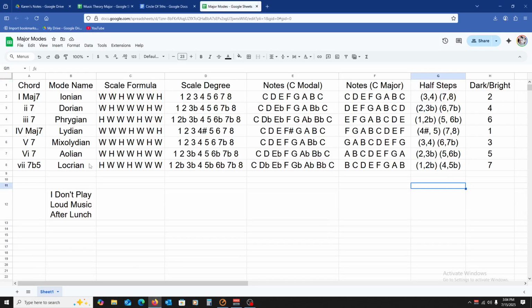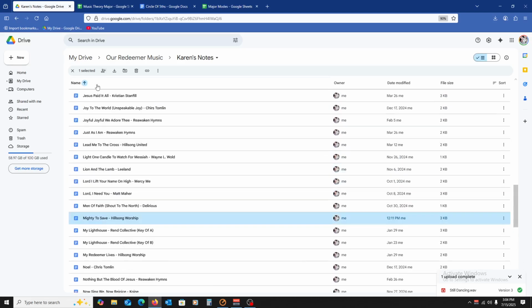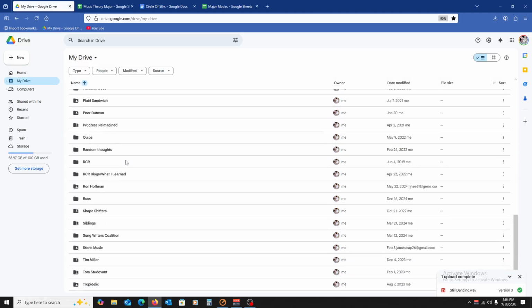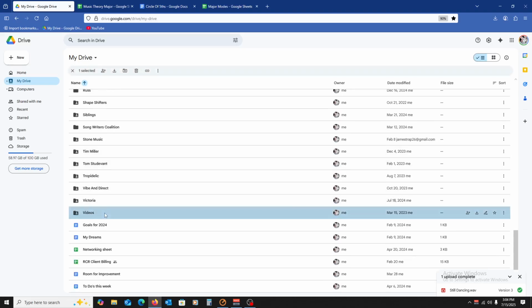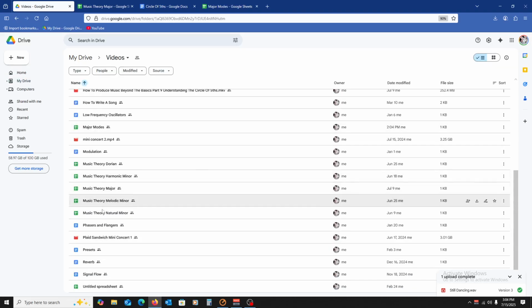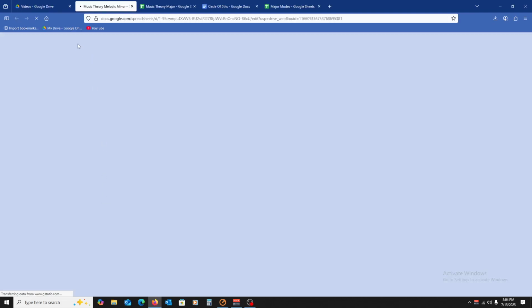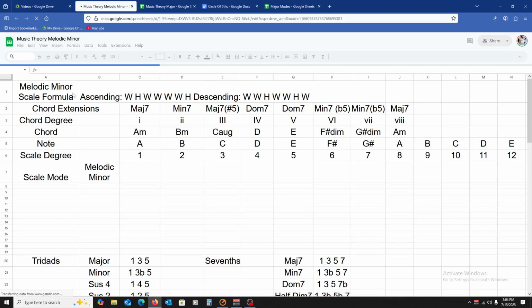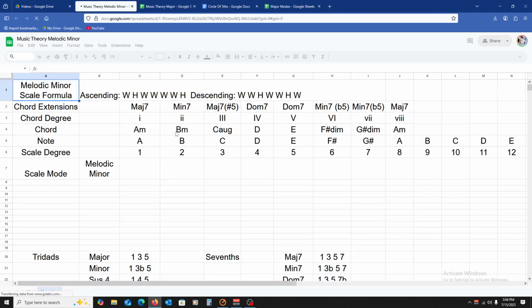And these are just the major modes. There's also minor modes. So if we were to bring up our minor theory here, or well, melodic or harmonic, right? These have different modes, right?